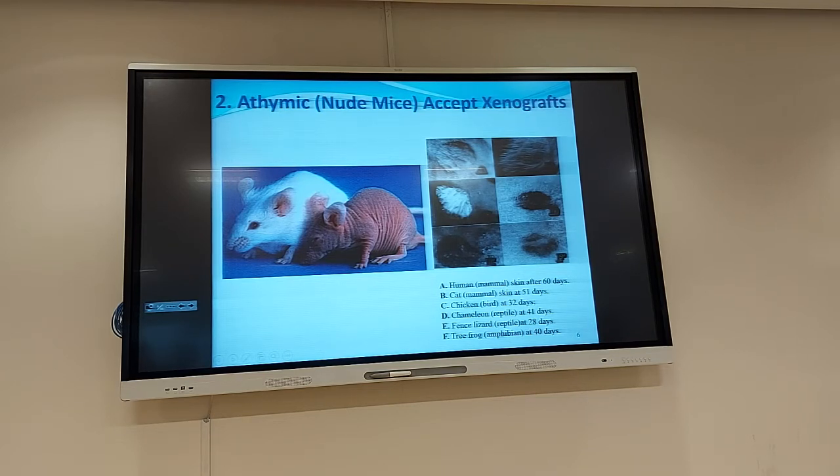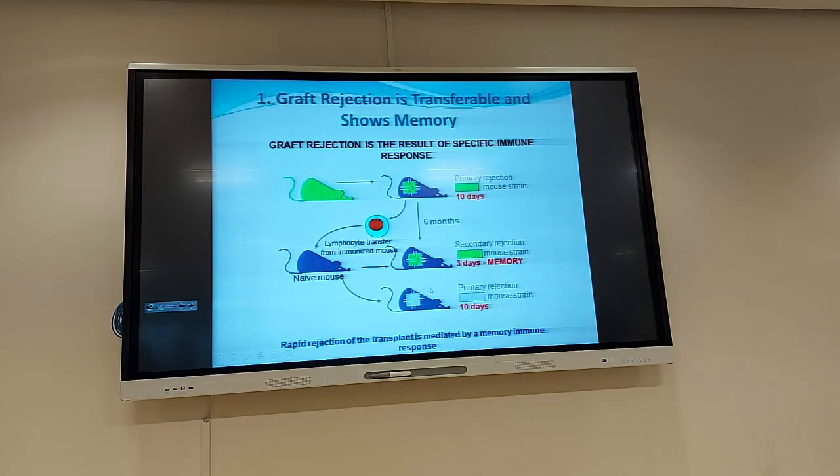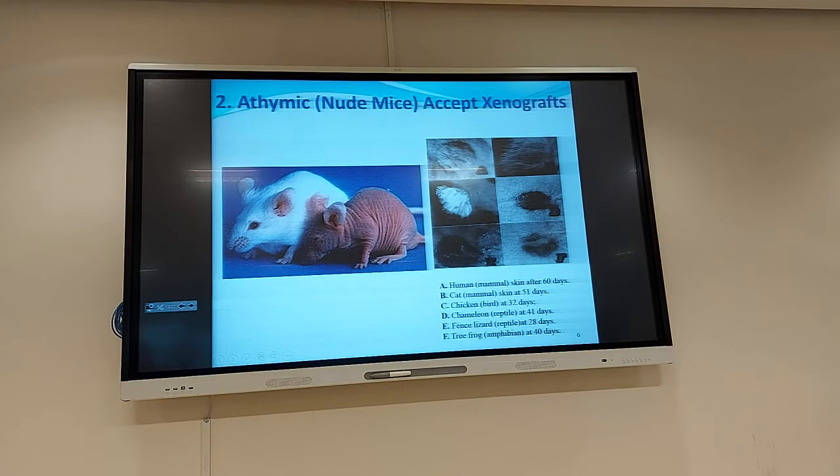And without a functional T cell response, when they transfer skin from xenogeneic donors, such as humans, cats, chickens, chameleons, and so on, onto these nude mice, you find that rejection happens a lot more slowly compared to wild-type mice, where rejection can happen after 3 days. So this shows that the immune mediators of this rejection response are predominantly T lymphocytes, T cells.